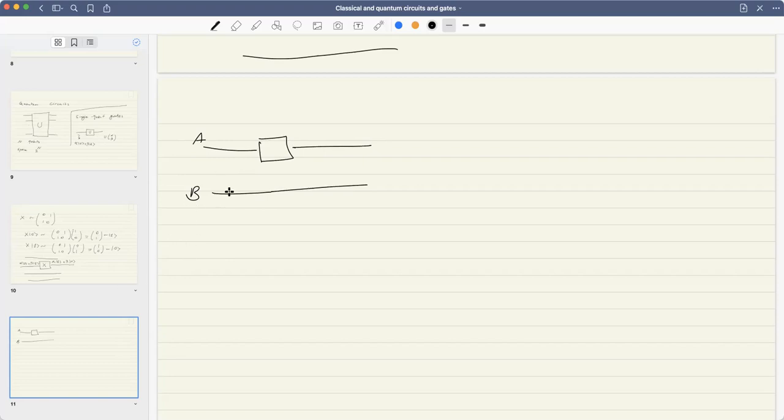Let's imagine the input here is 1 over square root 3, 0A 0B. So I write it as 0, 0, plus, let's do 1 over square root 3 here.